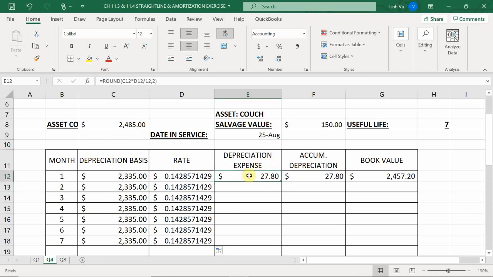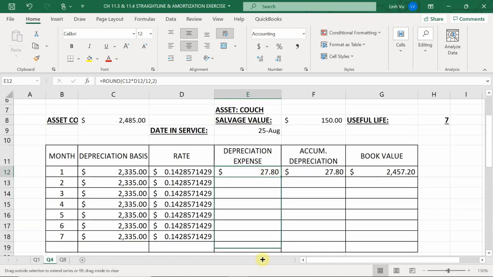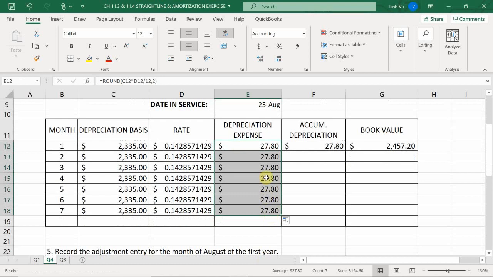It's all going to be the same, because this is 1 month worth of depreciation. It's going to be your 2335 times your 0.1428 divided by 12 to give you what depreciation is going to be for the month.